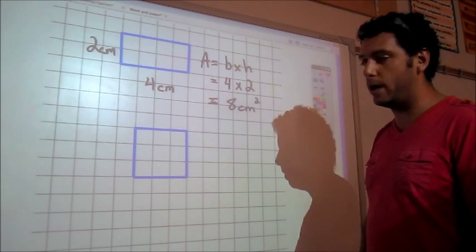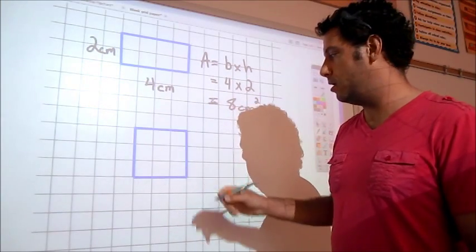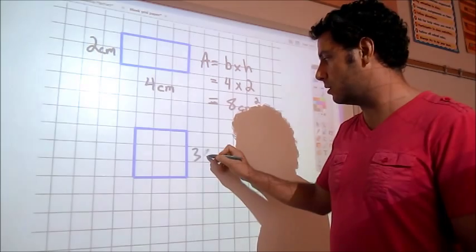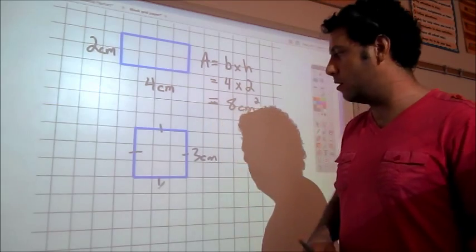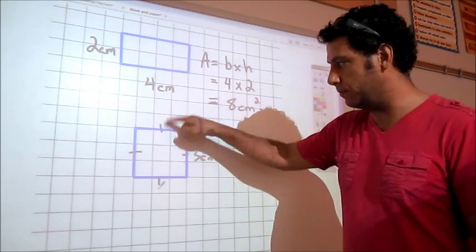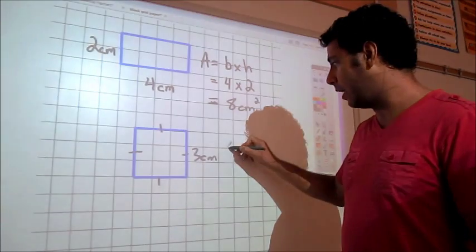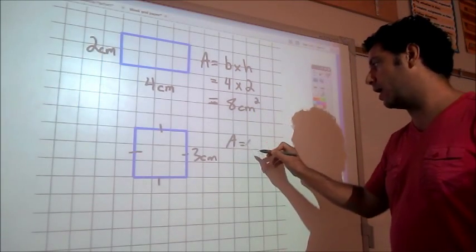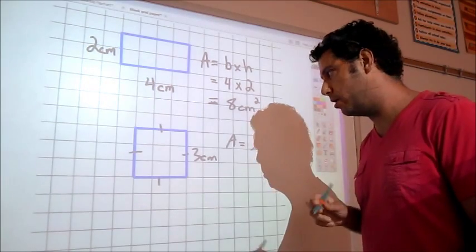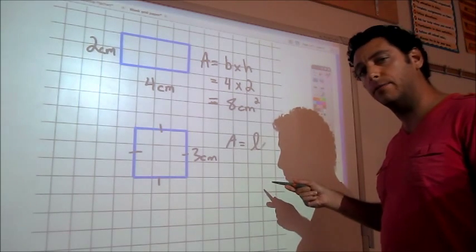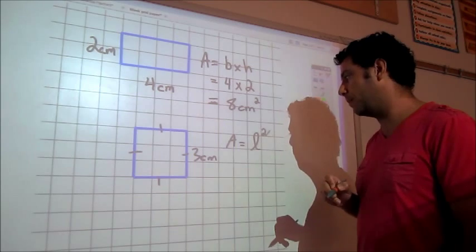In the case of a square, because in a square we have 4 identical sides, they're all going to be 3. Let's call them 3 centimeters. And we can represent the fact that they are all the same with a little notch through each side. The area of a square is calculated as the side length of that square, represented by the letter L, followed by this little 2 up here.